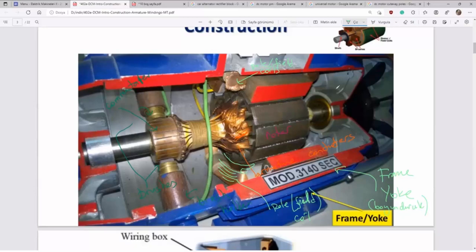Here are bearings, ball bearings. And here you see the shaft. Here's the fan for cooling purposes.